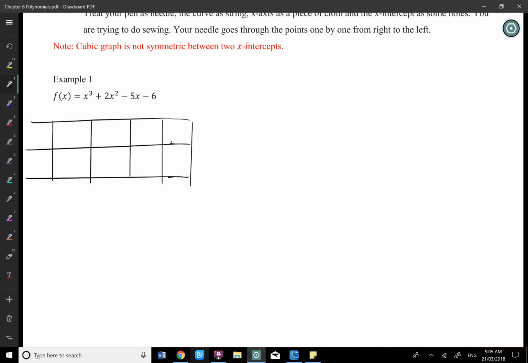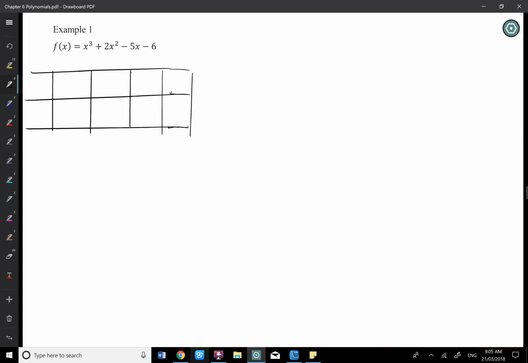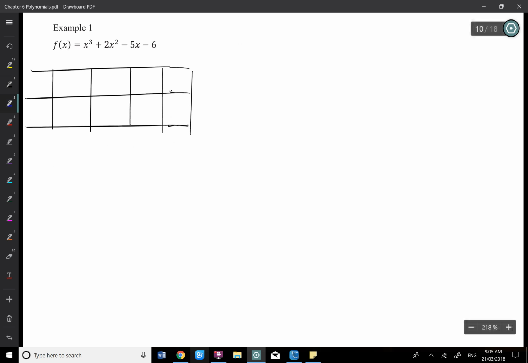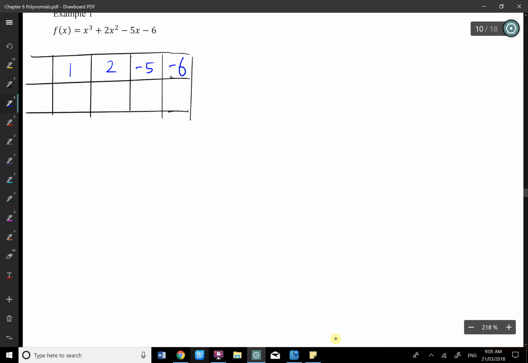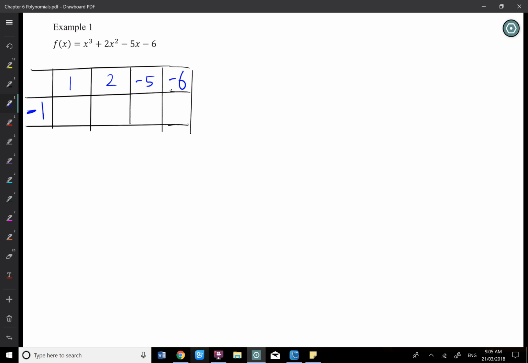For cubic, you can at least get 1 factor, and then leave it with a quadratic. So what I will do is put the coefficients 1, 2, -5 and -6. I know -1 should be a solution. What I can try is plus or minus 1, 2, 3, 6.